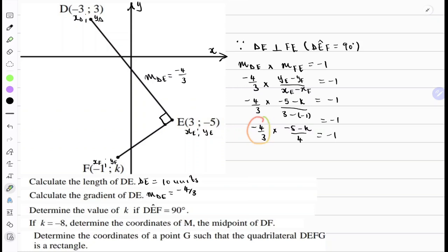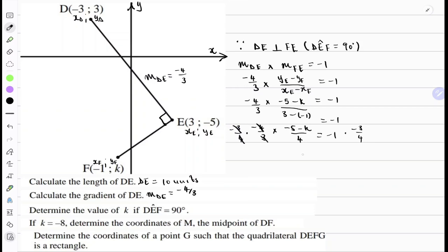So we can get rid of -4 over 3 here by multiplying it by its reciprocal. But what you do on the left, you need to do on the right. So we can say -3 over 4 multiplied here and multiply negative 3 over 4. So this and that cancels, negative 3 and 3 cancels.